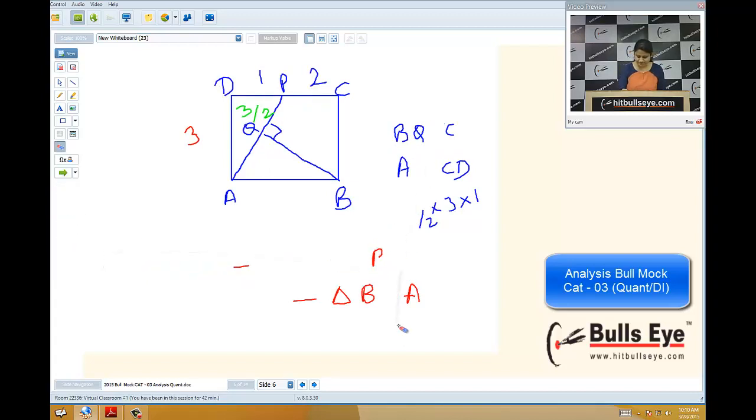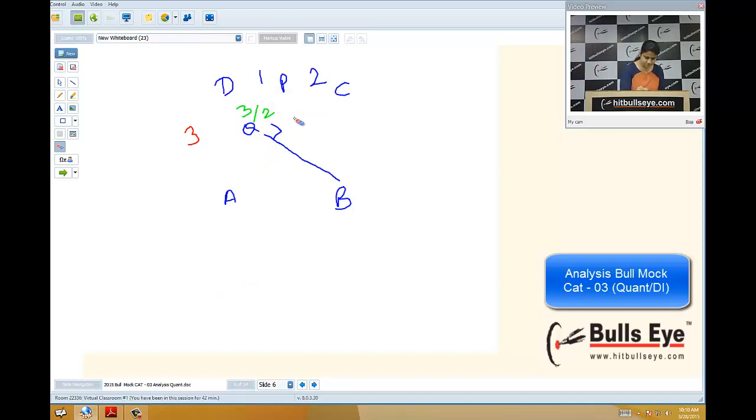I want to use this figure. Now I'm joining these two lines. Once again, I'm taking the figure.